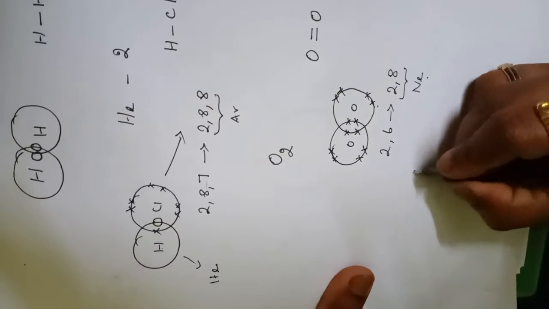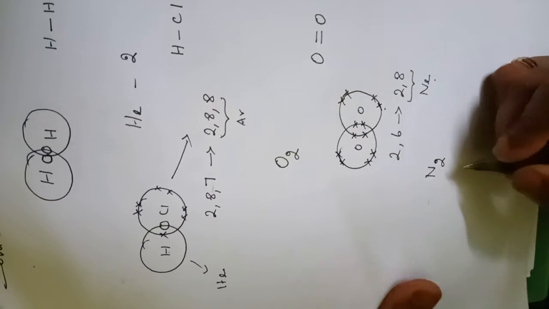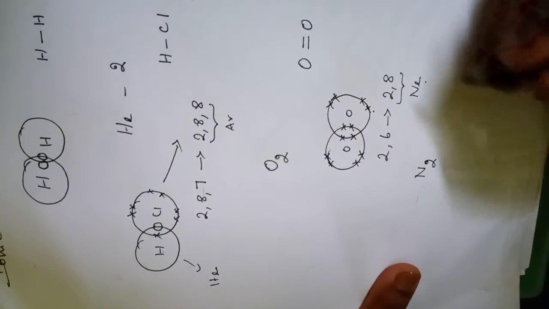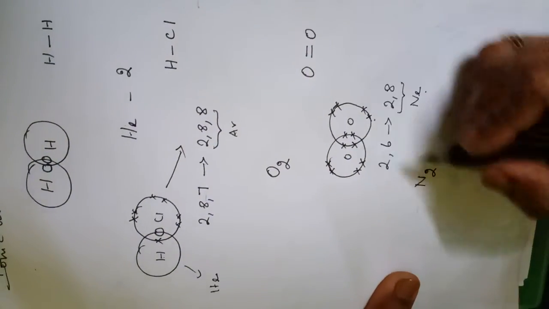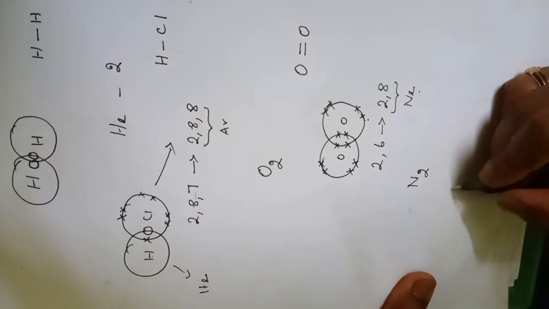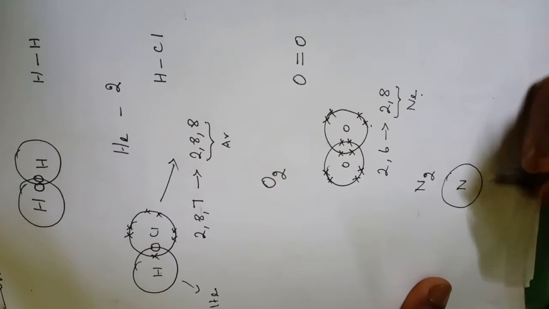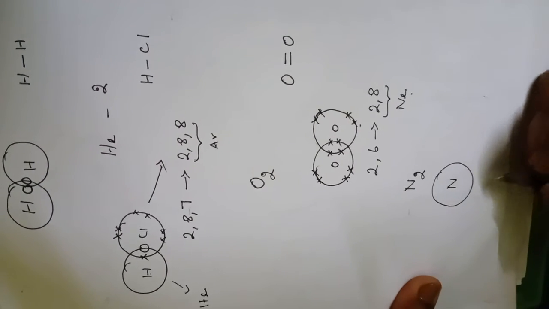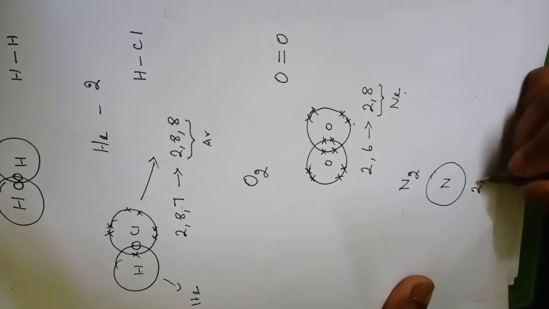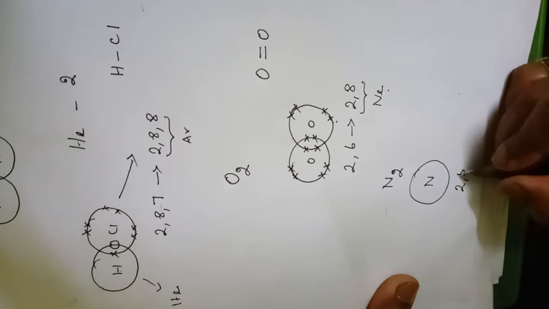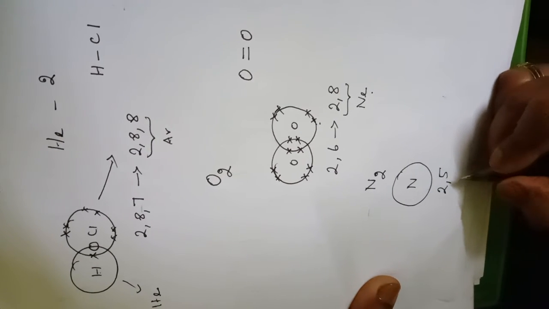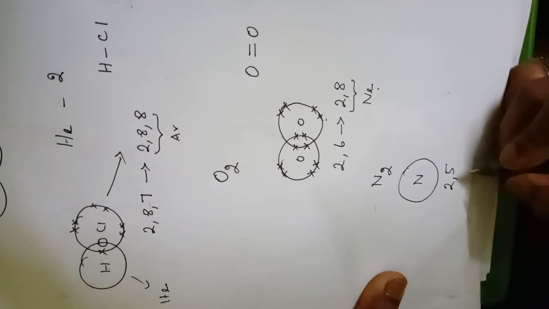If you take nitrogen, it's easy to understand single bond, double bond and triple bond. Nitrogen is a 5th group element which has 5 electrons in the outermost shell, and its atomic number is 7. So 2, 5 is a simple electronic configuration.